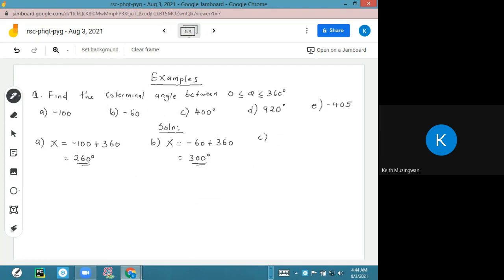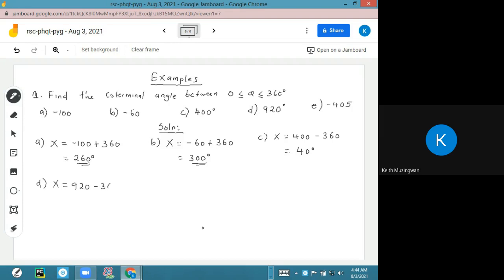Let's go to C. We have 400, above 360, so we'll subtract 360. So what are we getting? We are getting 40. If we go to D, we have 920.